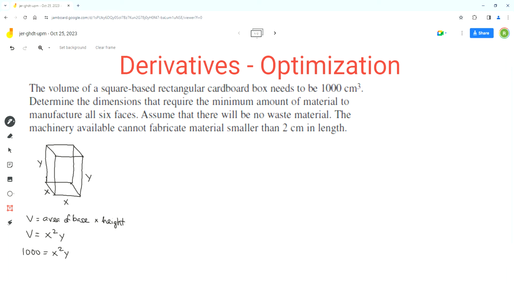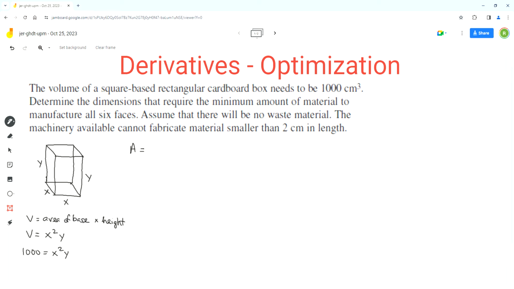Now we have to find the dimensions that will require the minimum amount of material to manufacture all 6 faces. So the next step is to find the expression for the surface area of this box because the material is required to construct the 6 faces of this box. So for that, we'll have to calculate the area of each of the 6 faces and then add those areas.